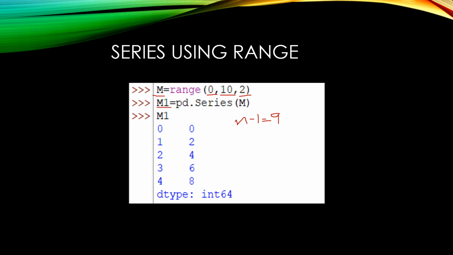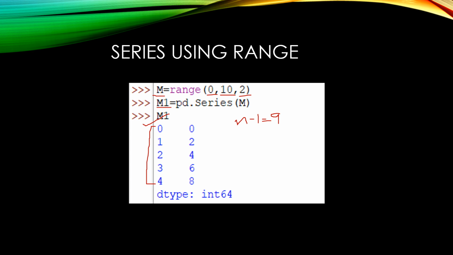Now we get this object printed in M1 object. M1 equals to pd.Series, in parentheses we put M. M1 gets printed. As we see, the indexes are not defined, so they are implicitly taken as 0, 1, 2, 3, 4.